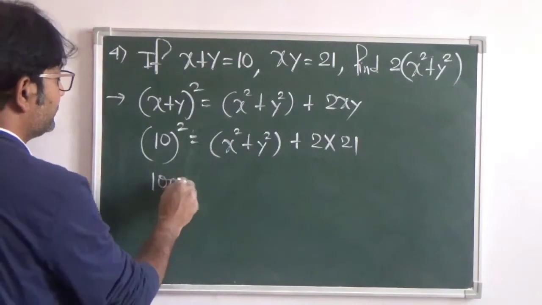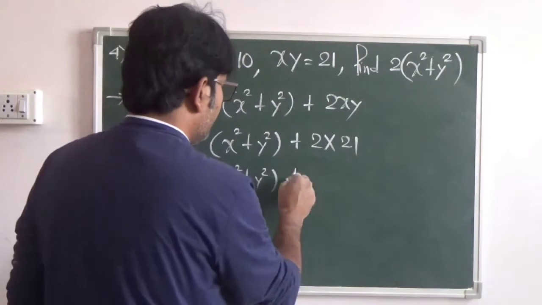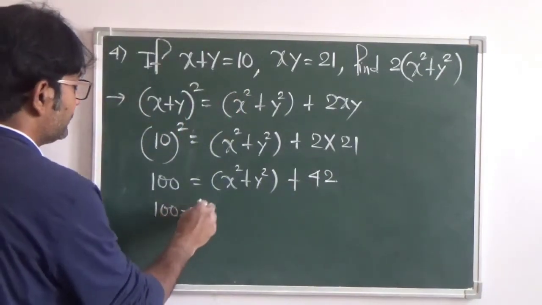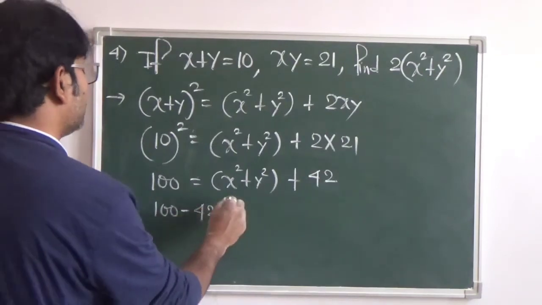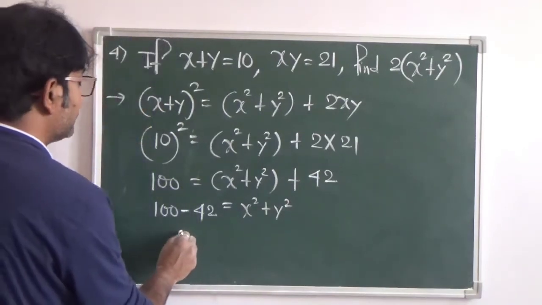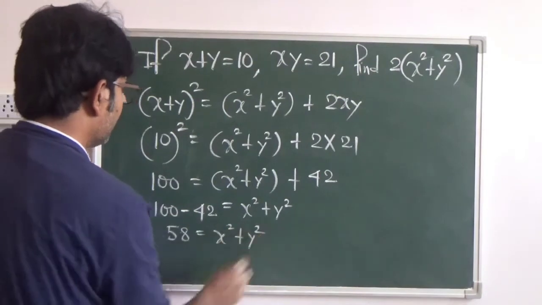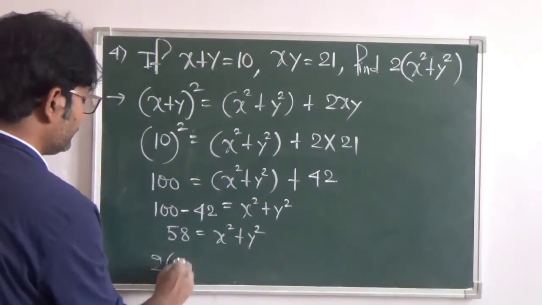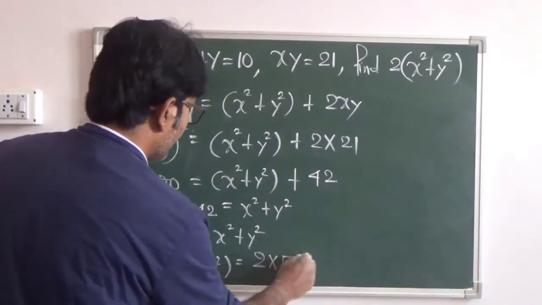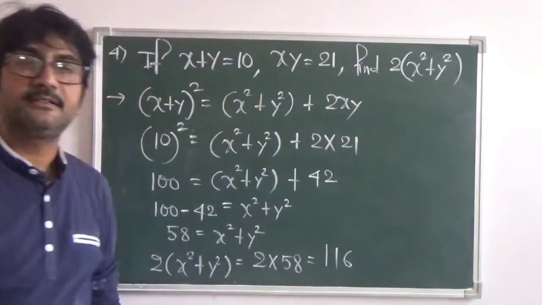So it is 100 equals x square plus y square plus 42. So it is 100 minus 42 equals x square plus y square. So you have got 58 equals x square plus y square. So twice of x square plus y square equals 2 into 58, 116, right?